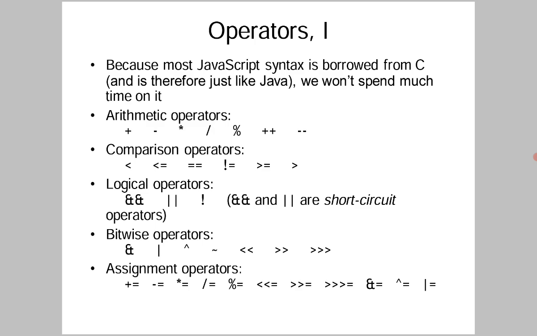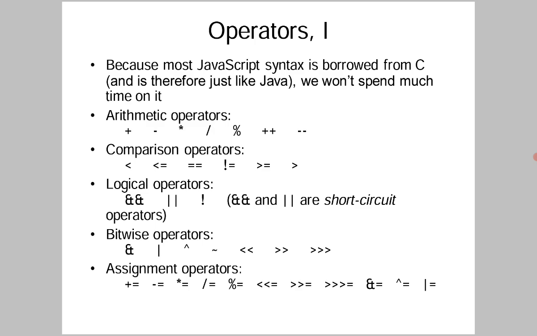Comparison operators, or relational operators, are like less than, less than or equal to, greater than, greater than or equal to, double equals to, and not equals to. Logical operators are double ampersand, double or, and not. So logical operators are and, or, not.